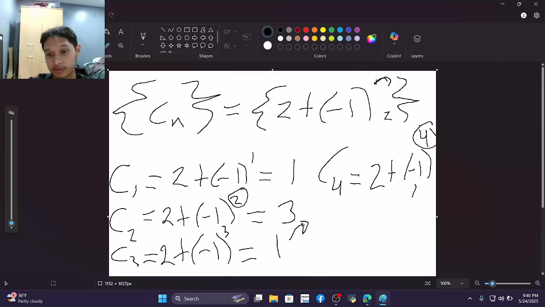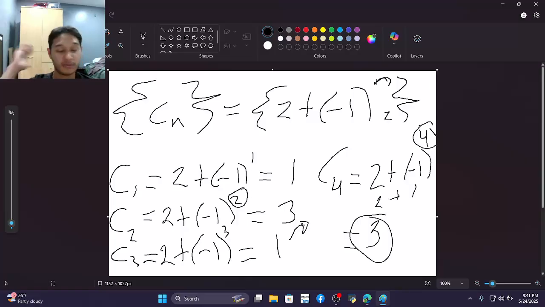So this will be 1 plus 2, 3. As you can see, we are stuck in a pattern: 1, 3, 1, 3, 1, 3. So we are not increasing, not decreasing, just going up, going down, going up, going down.